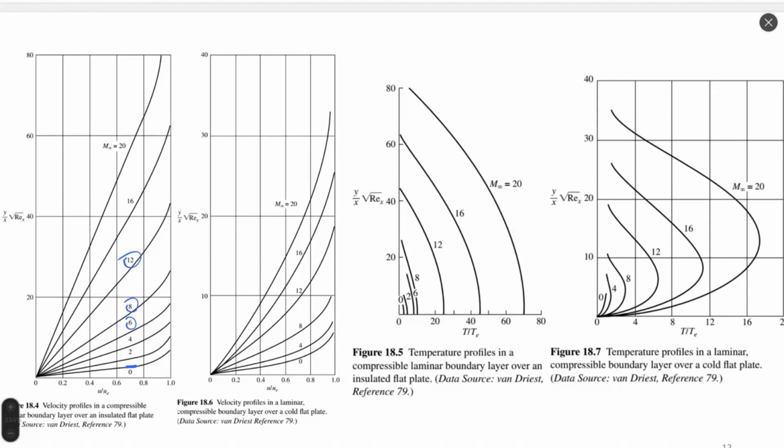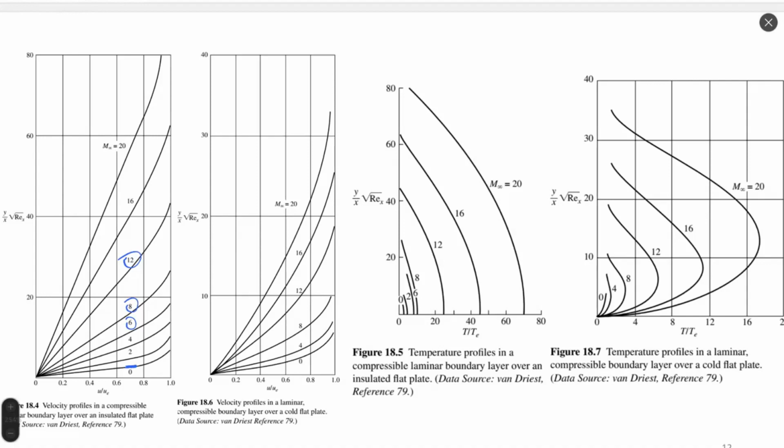And figure 6 is when we have a cold plate. So the temperature of the wall is smaller or significantly smaller than the temperature of the flow. So there is heat transfer from the flow into the wall. We see that in such a case, there will be a significantly different thickness of the boundary layer.